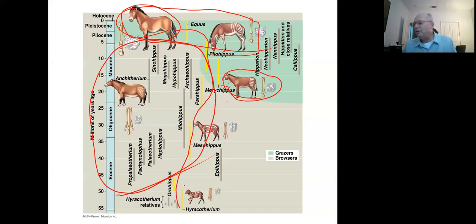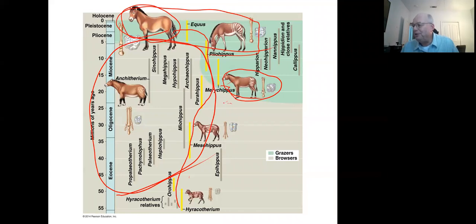So it's not that the goal or the trend or the direction was in favor of grazing and long legs. It's that at the time that these features started to evolve, and you can see that even here in Mesohippus, there is a trend towards longer legs, even as a browser, and the development of longer toes.